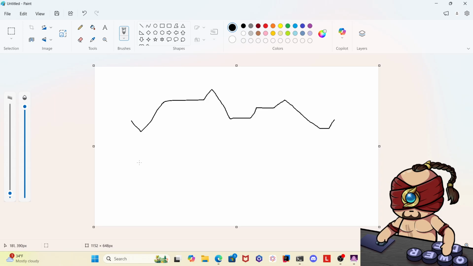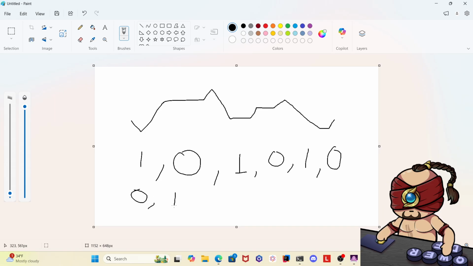In terms of parity, what that means is either you start with an odd number, then even, then odd, then even, or you start with an even, an odd, even, odd, even, odd.